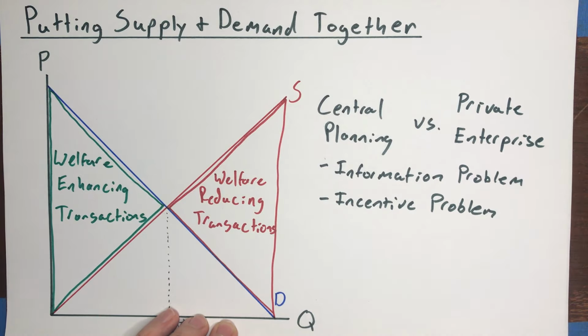And by exactly right, I mean, let's say that we get a price right here that cuts through that intersection of supply and demand. Okay, so that's our price.